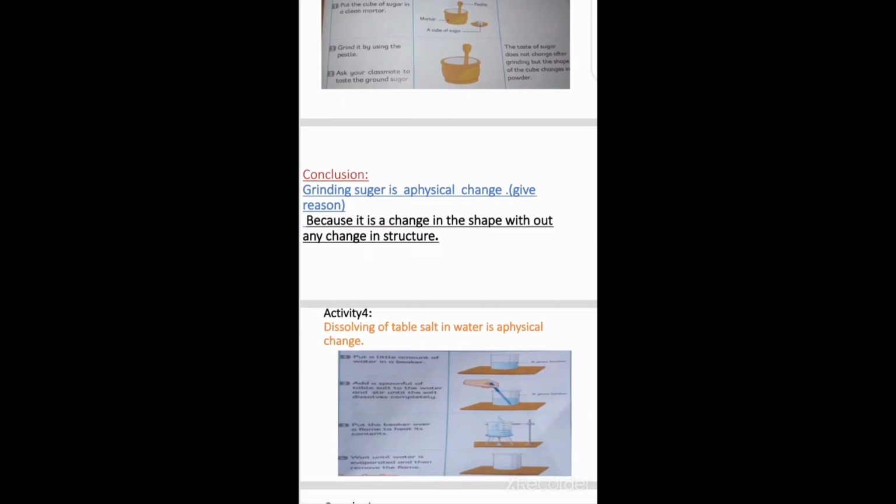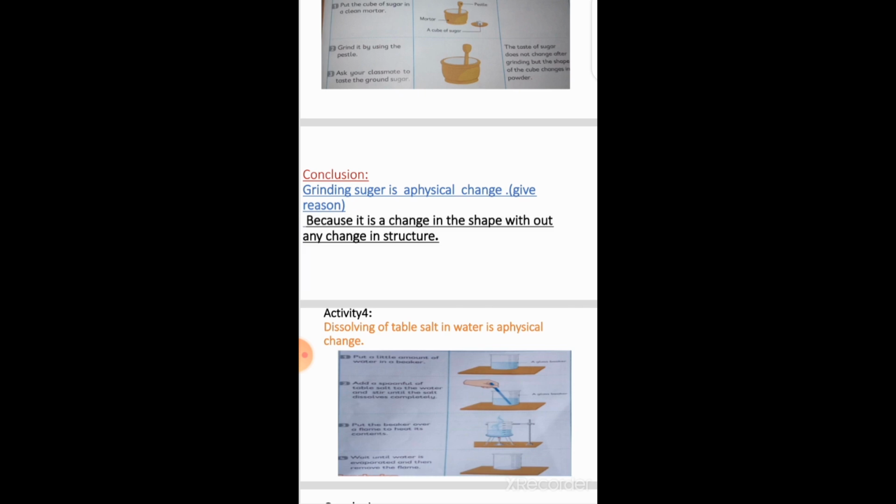Activity number 3, grinding of sugar is a physical change. We will do activity number 3 to show that grinding of sugar is a physical change. Step number 1, we put the cube of sugar in a clean mortar.